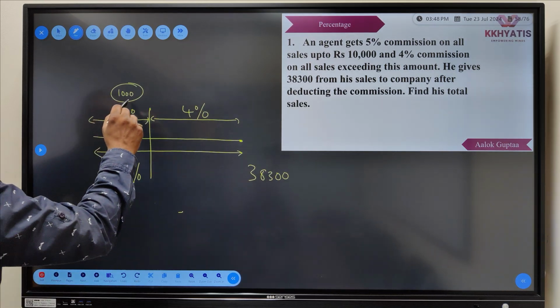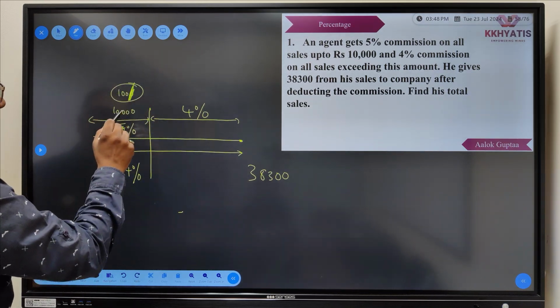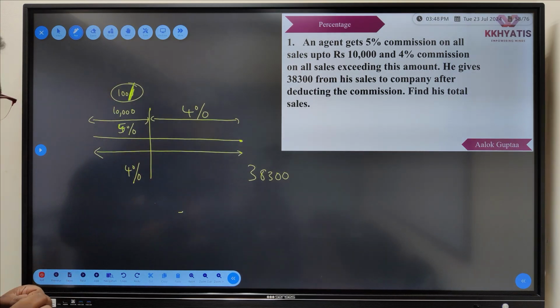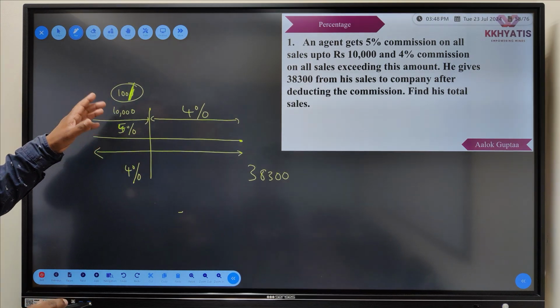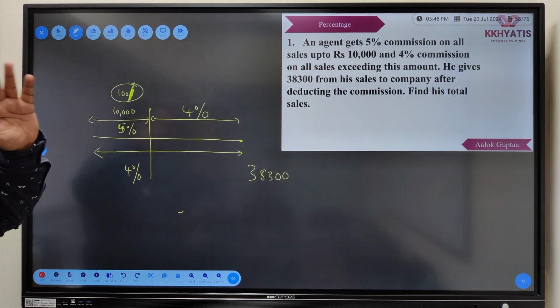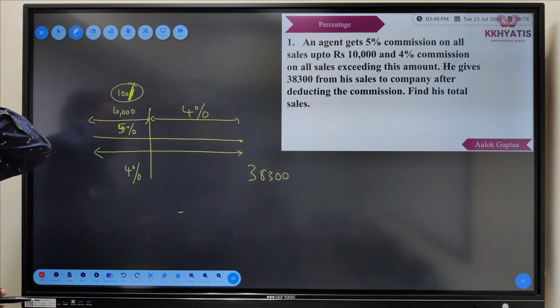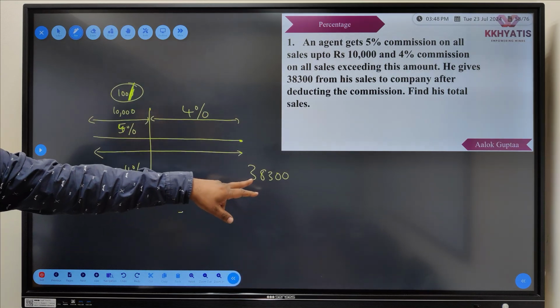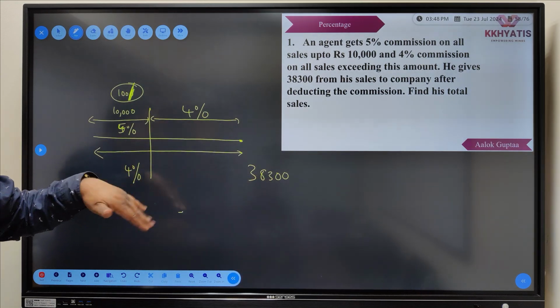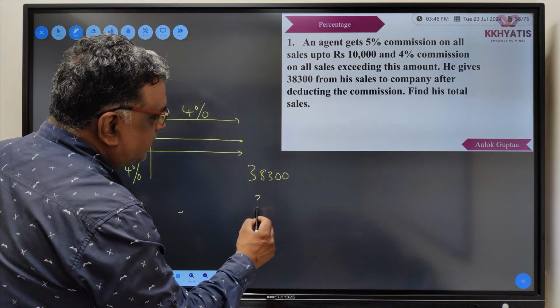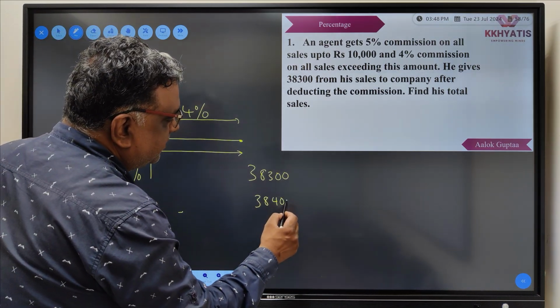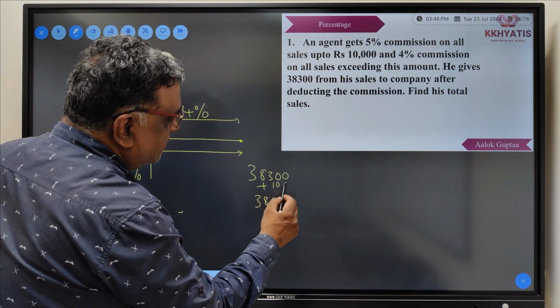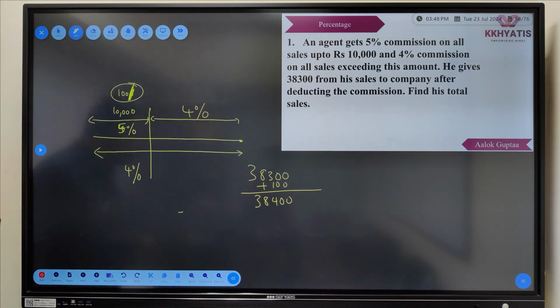1,000. 100, sorry. My mistake. 1% of 10,000 is 100, which means he would have got 100 commission less, which means he would have given 100 more back to the company. Instead of giving 38,300, in that scenario, he would have given 38,400 to the company because he got 100 commission less.